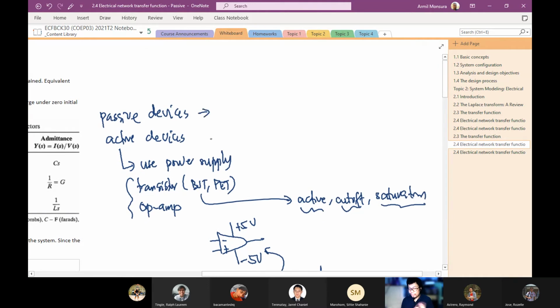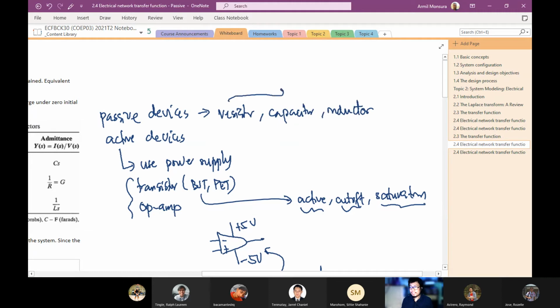Mag-ooperate yung component na yun without a power supply, bukod lang sa supply ng circuit. Ibig sabihin, ang inaasahan niya lang ay yung power supply ng circuit. Okay na siya doon. Example niyan ay resistor, capacitor, and inductor. These are passive devices.